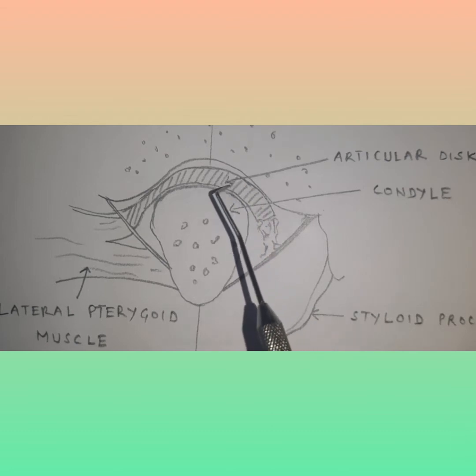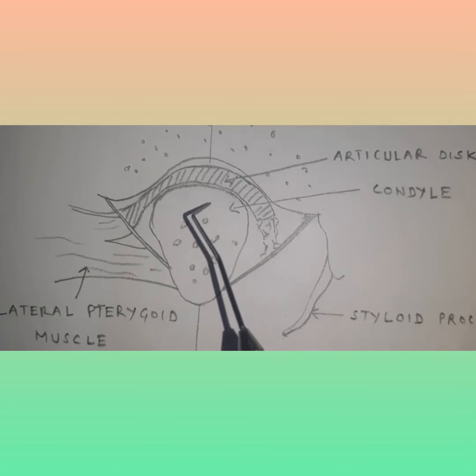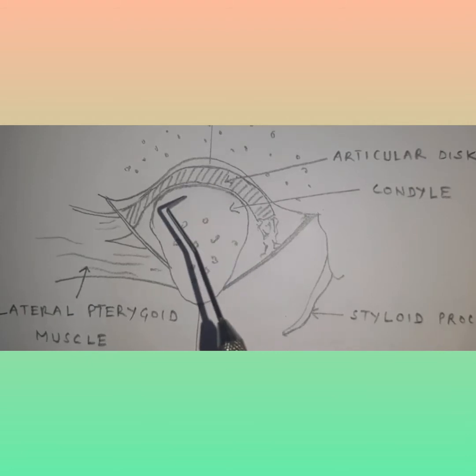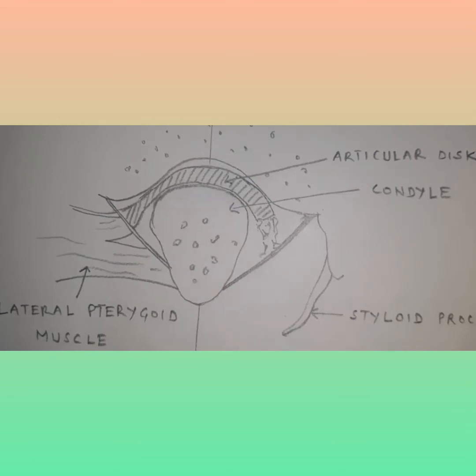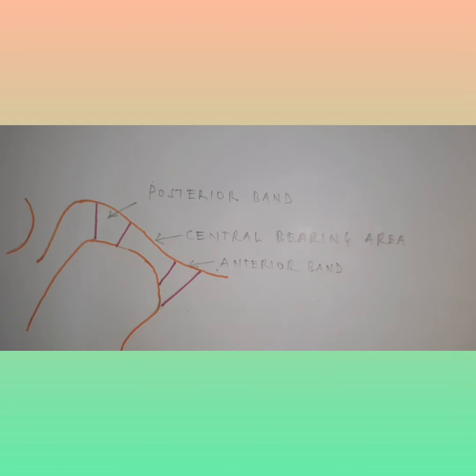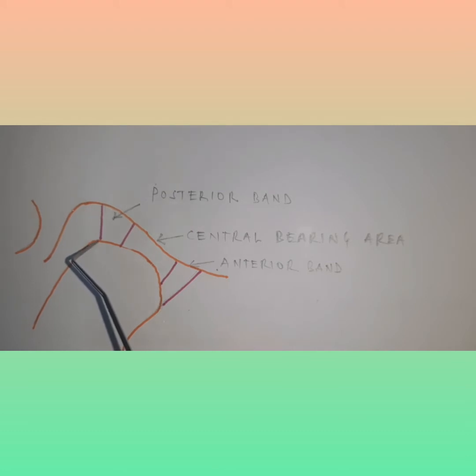So the posterior band wedges between the condyle and the articular eminence, not allowing the condyle to move further backward. You can appreciate that this thickened posterior band is not going to allow the condyle to move posterior to this. It will be stopped by this.